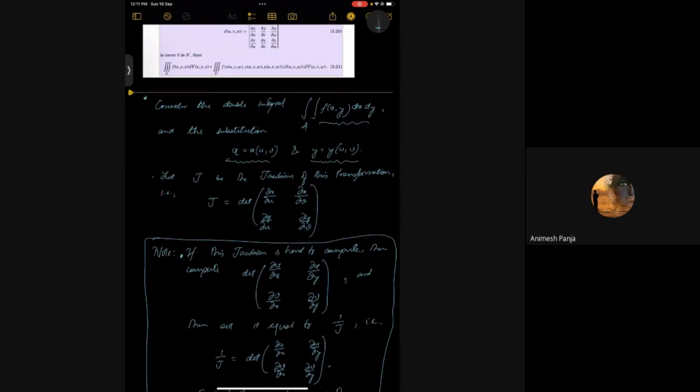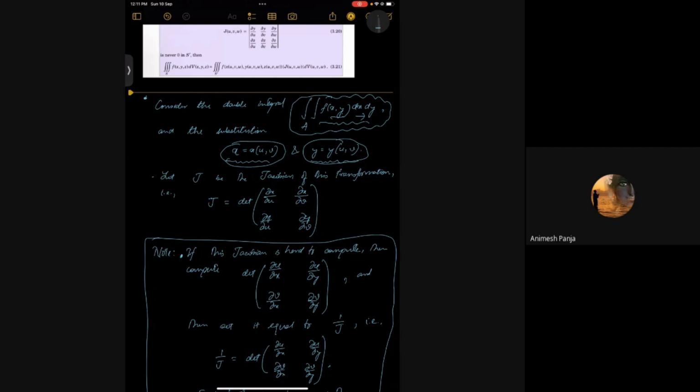Assume that you come at a problem where you are asked to compute this double integral, but it is hard to compute in the variables x and y. Then you might be able to transform that problem into other variables, like setting x as a function of u and v and y as a function of u and v appropriately.